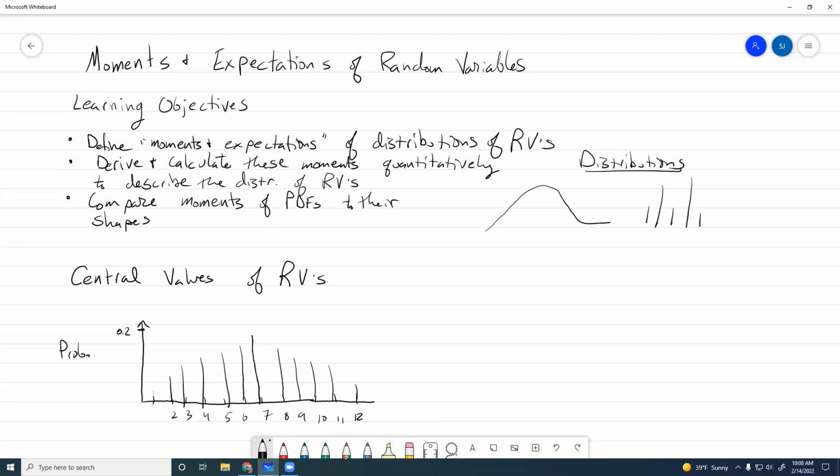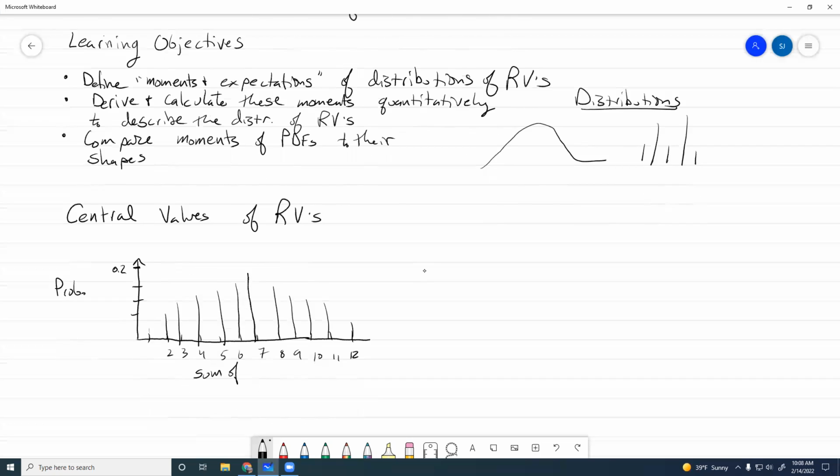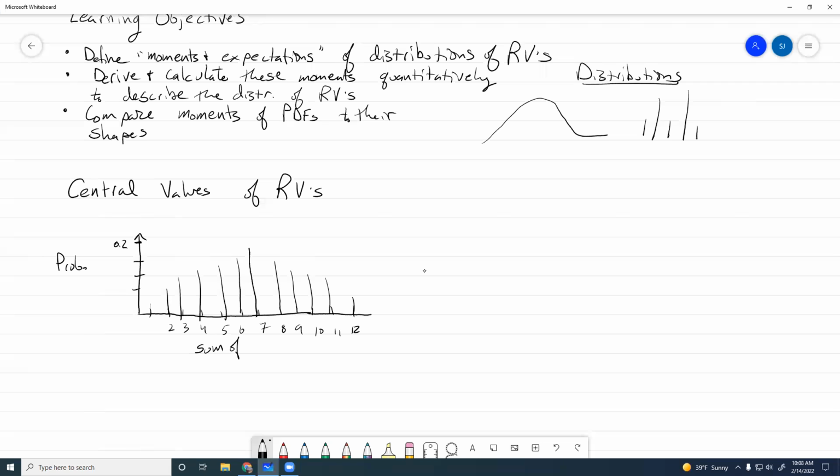And so I've got different ways of describing this distribution. We talked earlier about calculating probabilities. But now we're going to think about ways to summarize this. And when you look at this, what are some ways to summarize this?